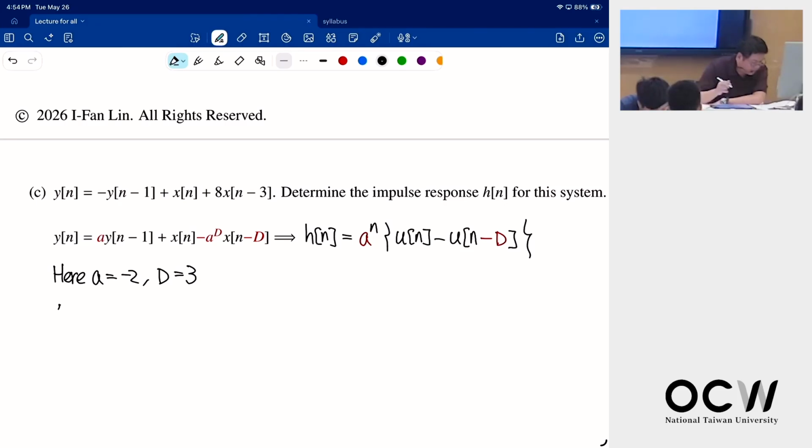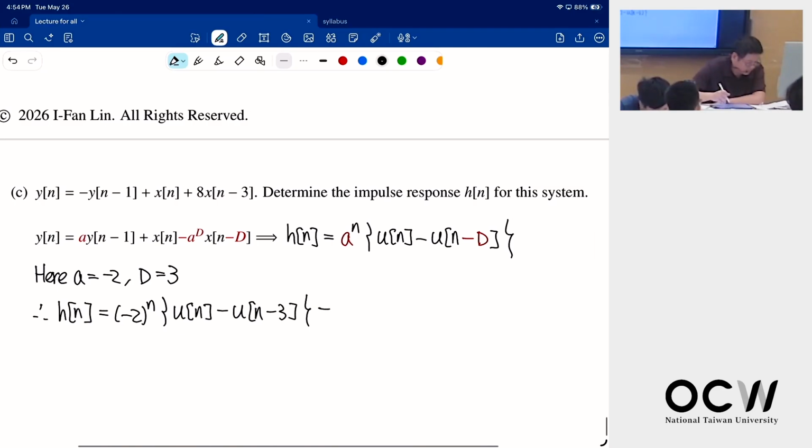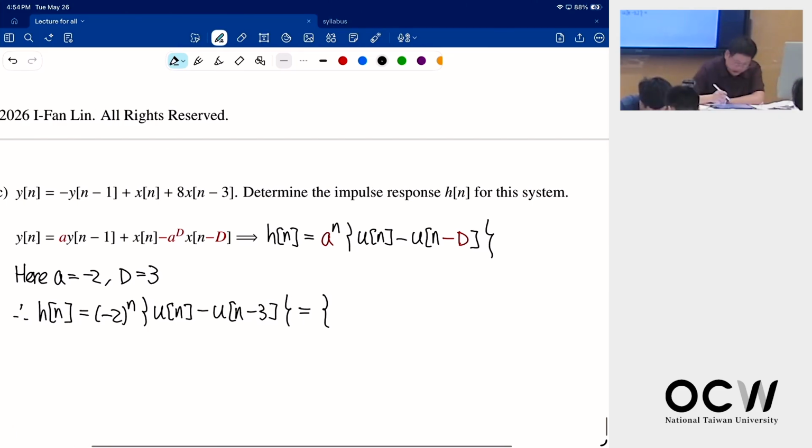So your impulse response should be -2 to the n, u[n] minus u[n minus 3]. And what is this? We can also write it down. The values should be 1, -2, 4, 0, starting from here.